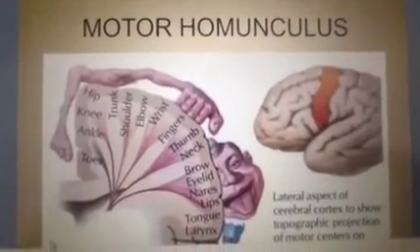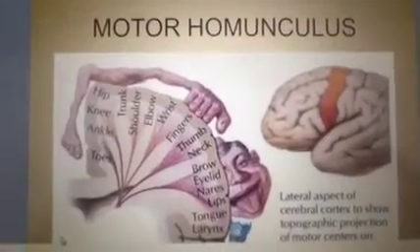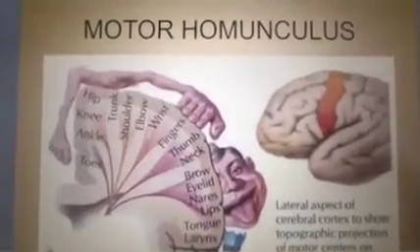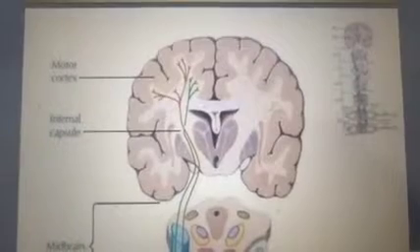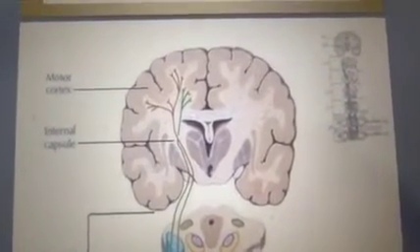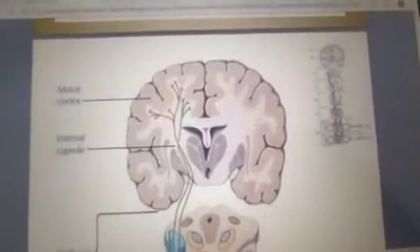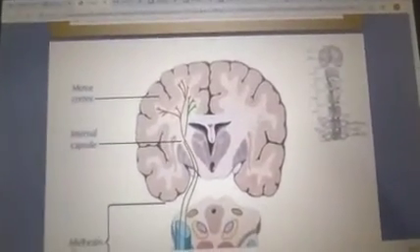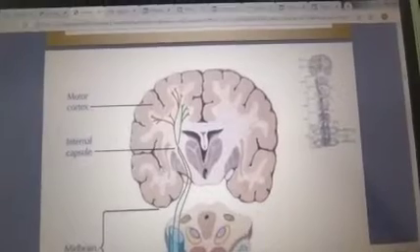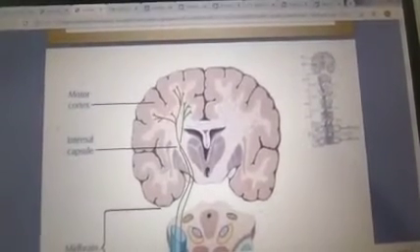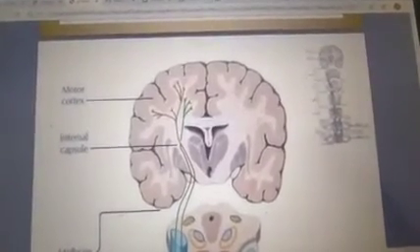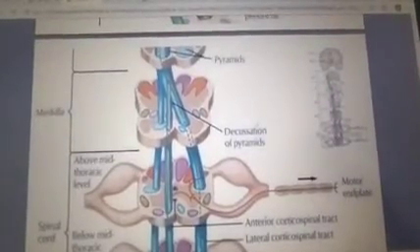Like this the complete area of the cerebral cortex has been developed for the homunculus. So you can see that is the motor cortex, and beneath the motor cortex there is the internal capsule, and after that you will have the midbrain. So this is how the anatomy and function of the motor area works.